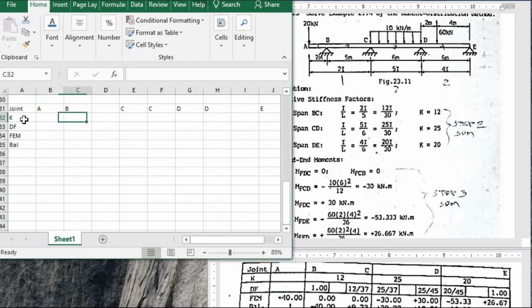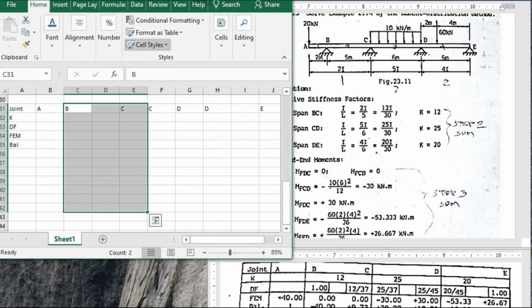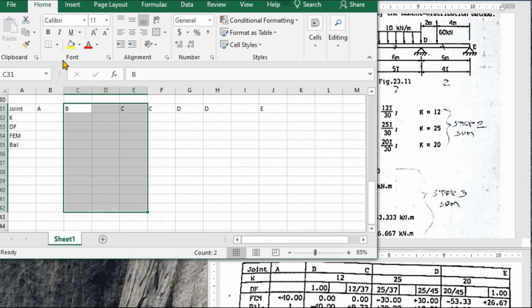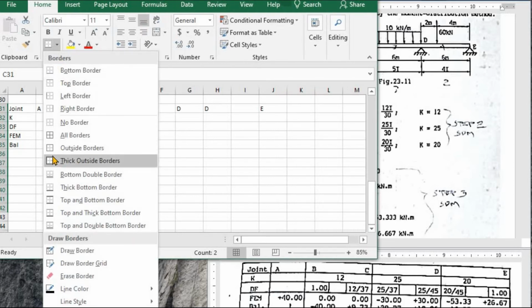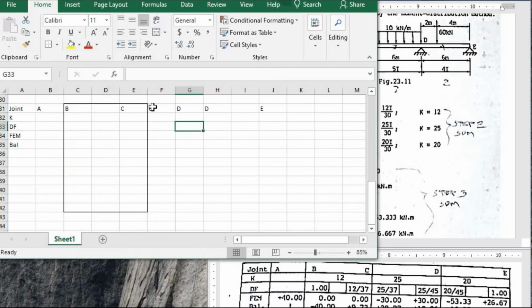Okay, tapos highlight natin yan. Tapos C space D, D space E. Yan.